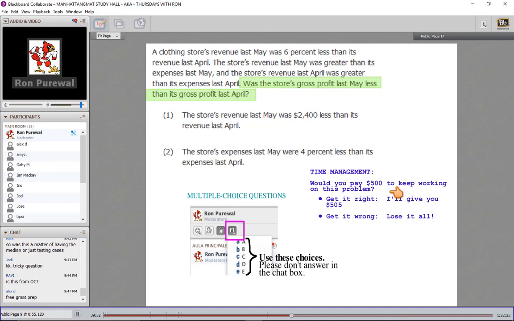So Ian, Nikki, Sri, if you wouldn't pay me $500 to keep working on this problem, you should pick an answer. $500.